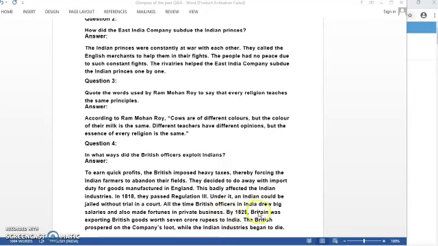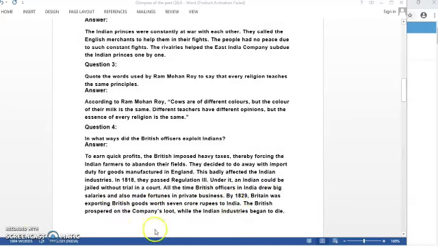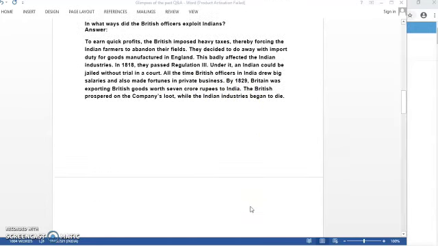By 1829, Britain was exporting British goods worth 7 crores rupees to India. The British prospered on the company's loot. Which company? British East India Company's loot. The Britishers were making a lot of money. They were becoming more and more powerful, while the Indian industries began to die.